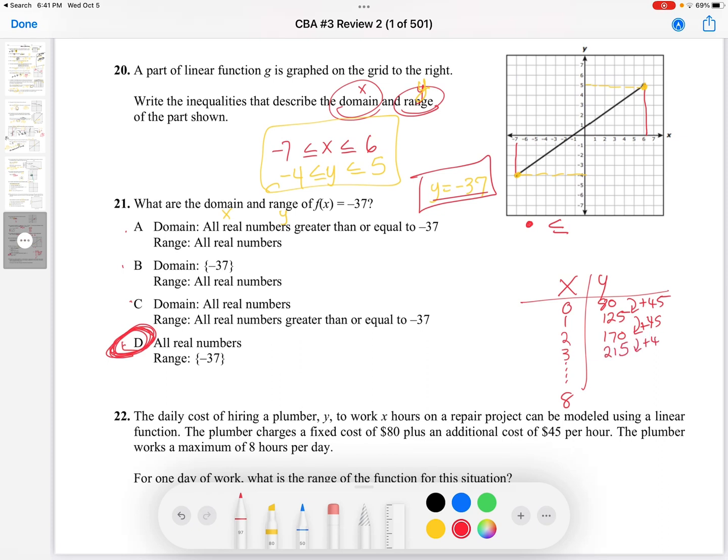I'm doing this in my head, y'all, so check me. And by the time you get to the bottom, after 8 hours, he can make $440 if he stays at your house or wherever you are for 8 hours. And that's what you're going to write for the range. So this is actually discrete. We write it out. 80, 125, 170, and you keep going until you get 440. And that's it, guys. We found the range.